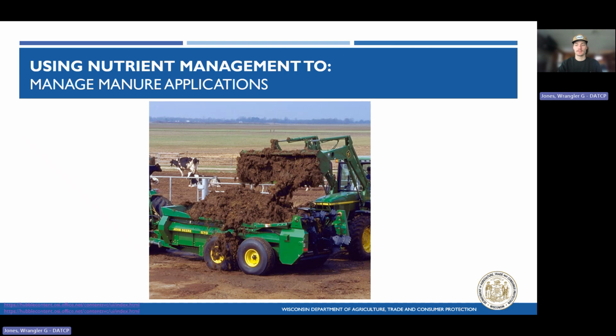Bacteria and pathogens have been found in groundwater as well as high nitrate levels. So we need to make sure we're only applying manure to meet the crop needs and utilizing tools such as nutrient management plans to make sure we're not applying manure in environmentally risky areas.